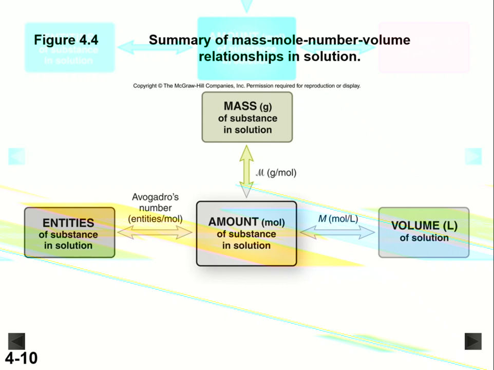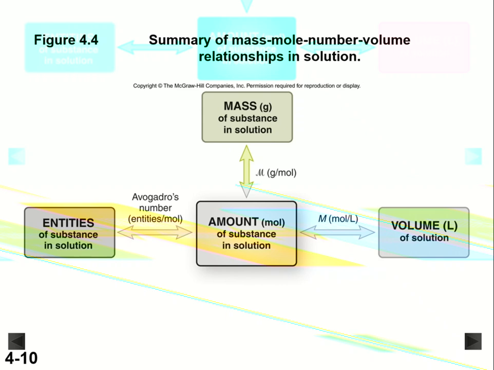Here is a summary then that pulls together some basic ideas that we have from molarity. The green, the yellow, and the beige box would have come from chapter 3 that relates mass of a substance in solution to the amount of substance in a solution. And then with Avogadro's number, that would give us entities of substance in solution.